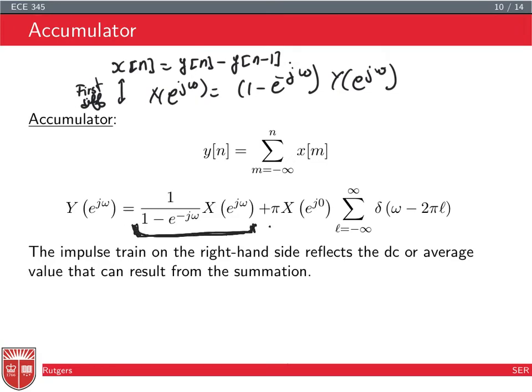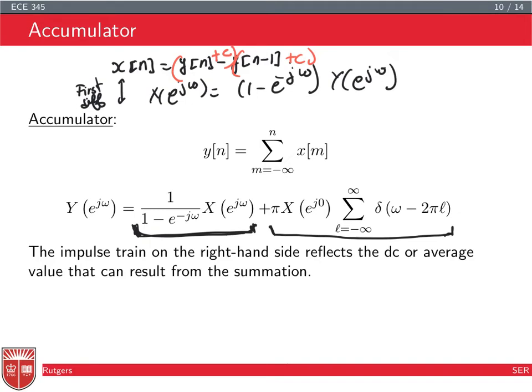Now this part here is maybe a little bit puzzling, but this is like the constant you get when you integrate. Why do you need this? Because it's true that x[n] equals y[n] minus y[n-1], but it's also true for any constant. So if you add any constant signal c to y[n], it's also true.